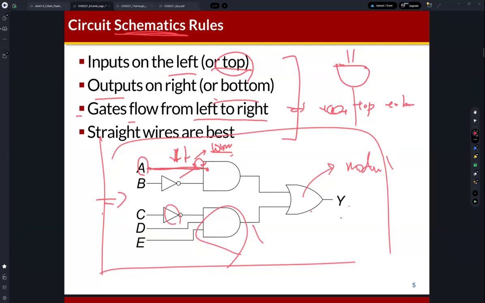This diagram is called a schematic. We also learned certain basic rules for drawing a schematic.